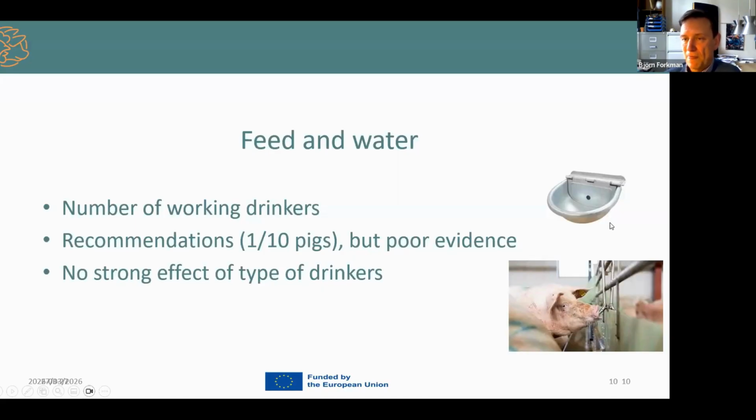But the problem with the open drinkers is that they very rapidly become dirty. And if they're dirty, the water is dirty, and pigs prefer to drink clean water, as do we all. So there are two different preferences going against each other here, and there's no clear winner in this case.